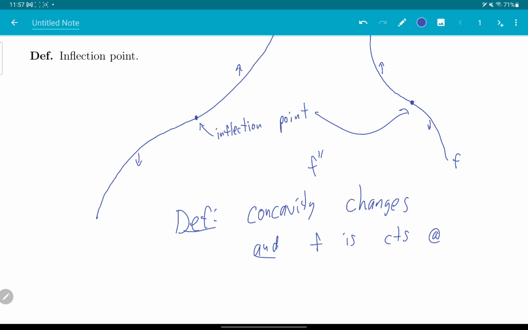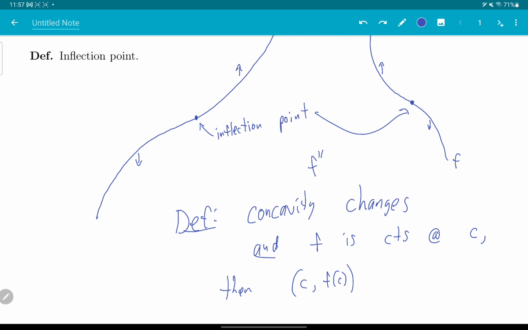So my definition: concavity changes and f is continuous at, say, C. Then this point C, f of C. An inflection point has an x and a y component, different than a critical number where you're just taking the x.